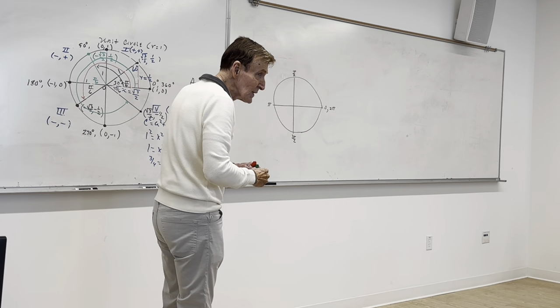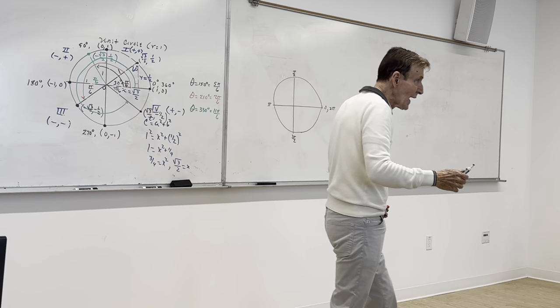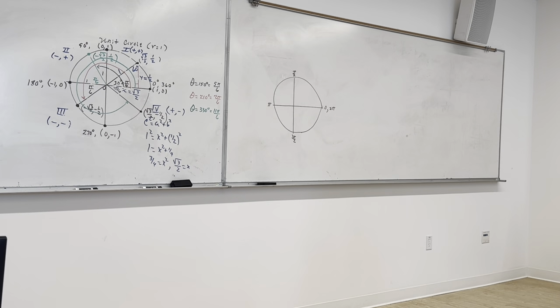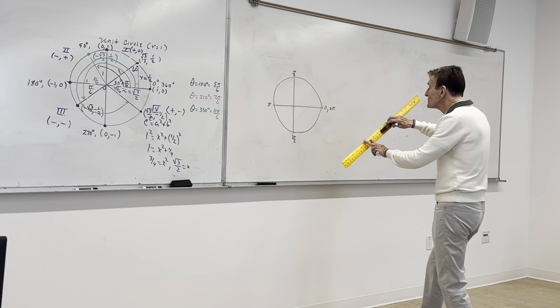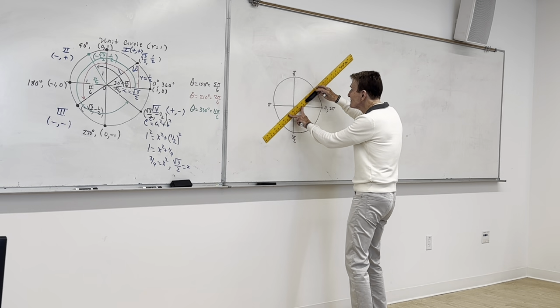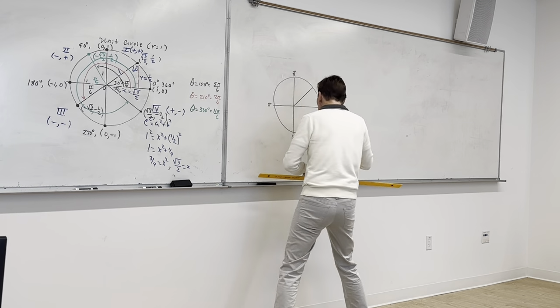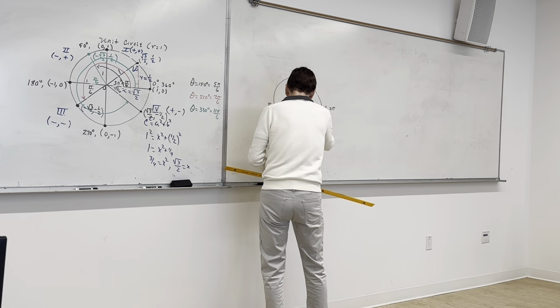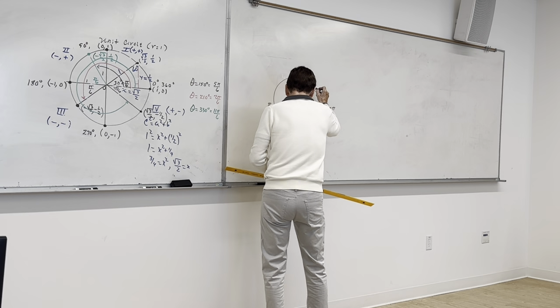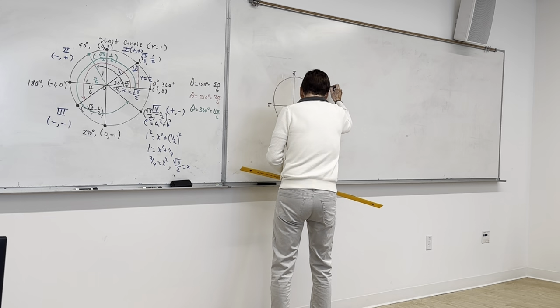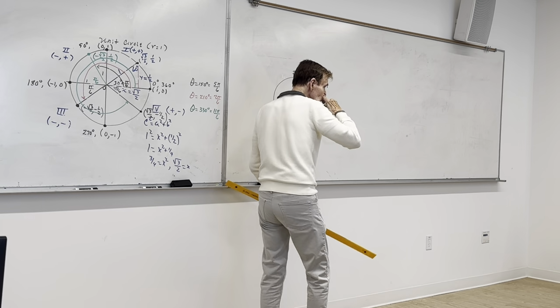Now I'd like to place inside this an angle of size 45 degrees, and you're going to help me out here. So that looks like this. And this time it's 45 degrees. And I need to find the coordinates of that point that's associated with 45 degrees.